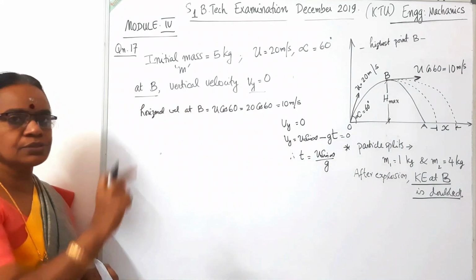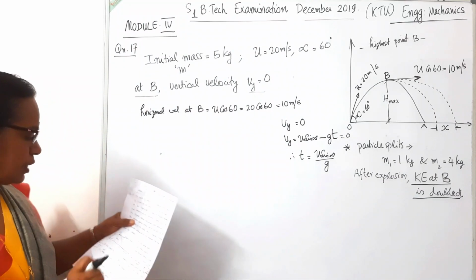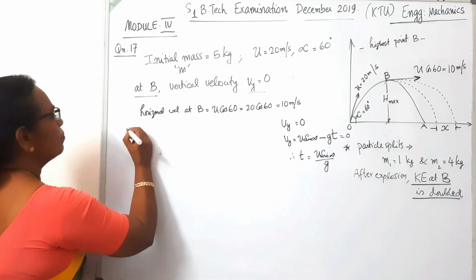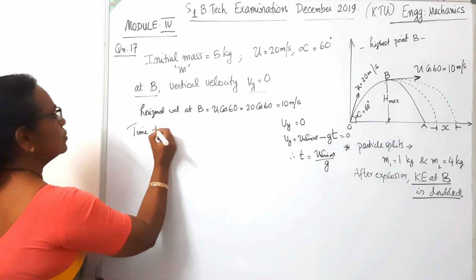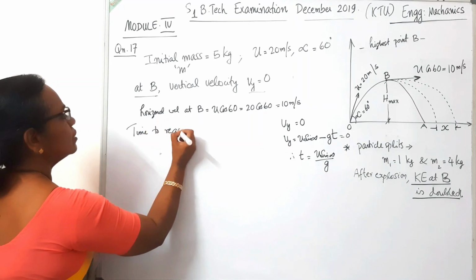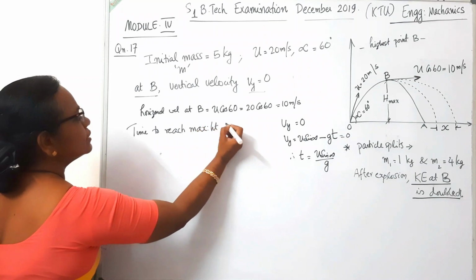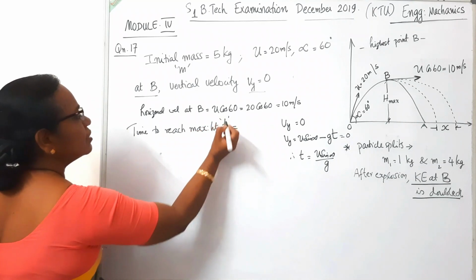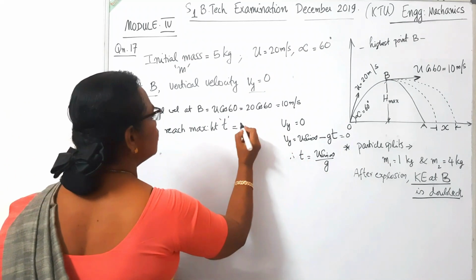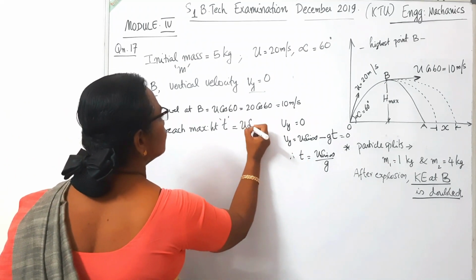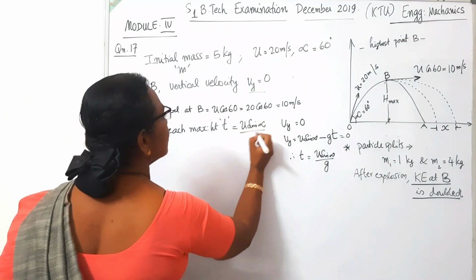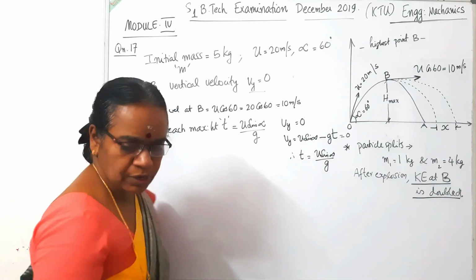So the time taken to reach the highest point, we can now write: time to reach maximum height T is equal to, using this expression, U sin alpha by g. This is how we get it.